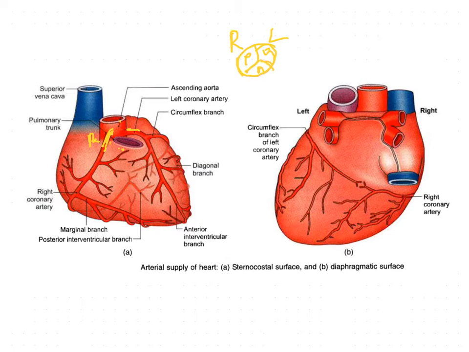It then runs downwards in the coronary sulcus, that is the right anterior coronary sulcus, up to the junction of the right border and the inferior border of the heart.